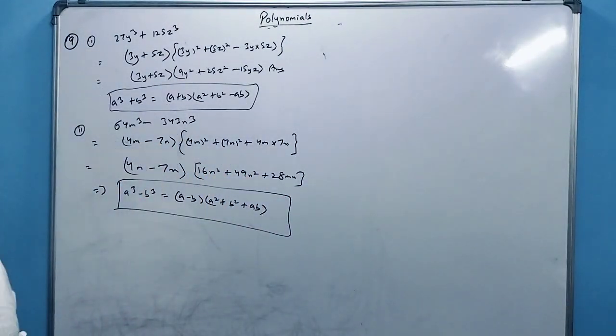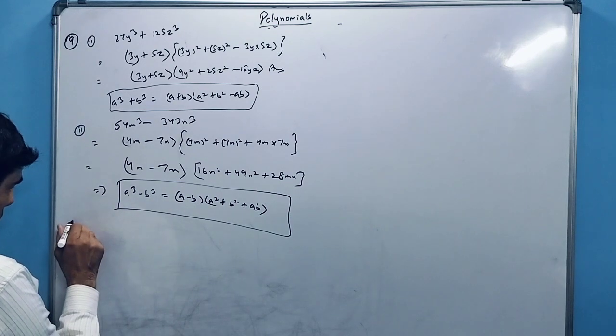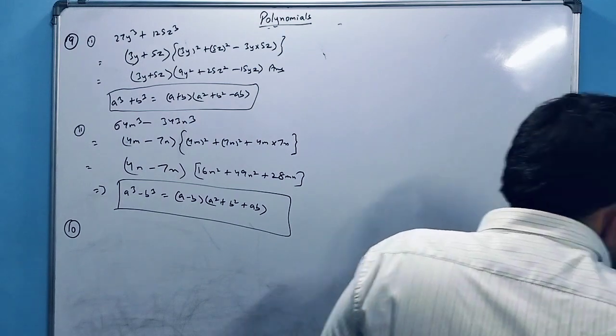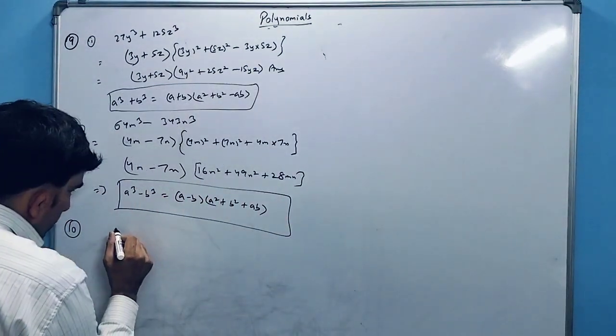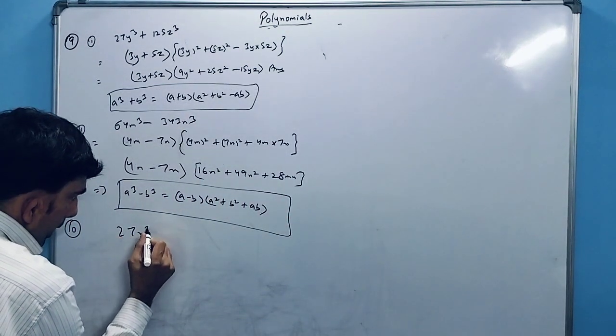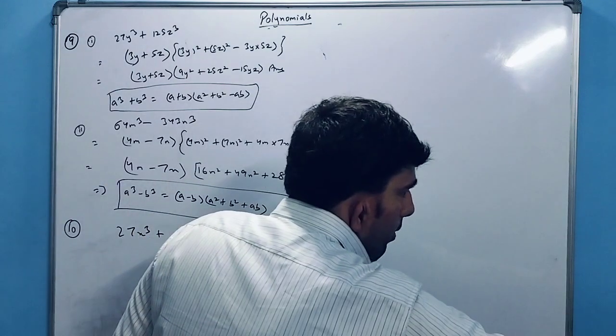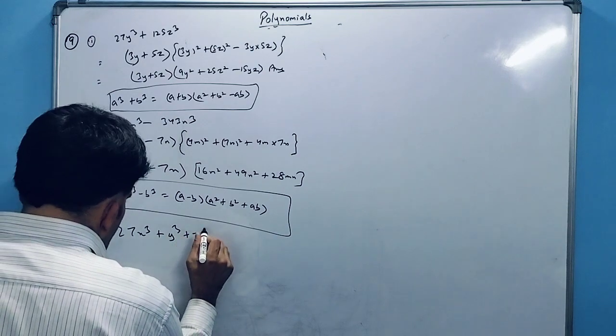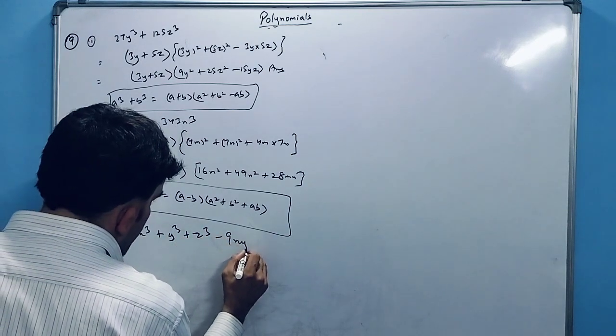Now we'll try to solve the next question, what they are asking. Let us see. We need to factorize 27x cube plus y cube plus z cube minus 9xyz.